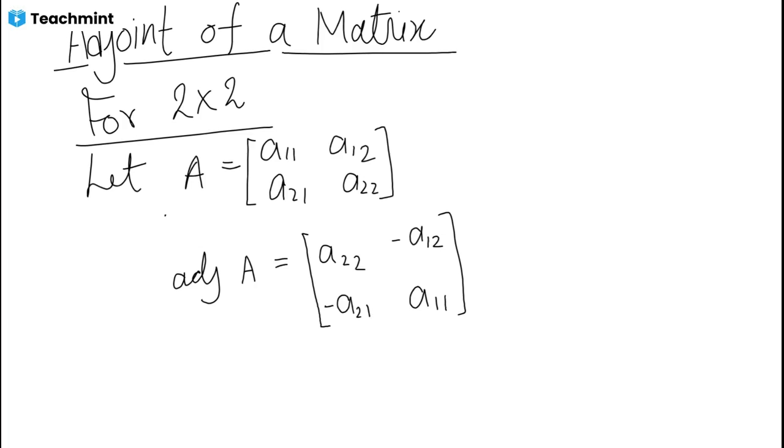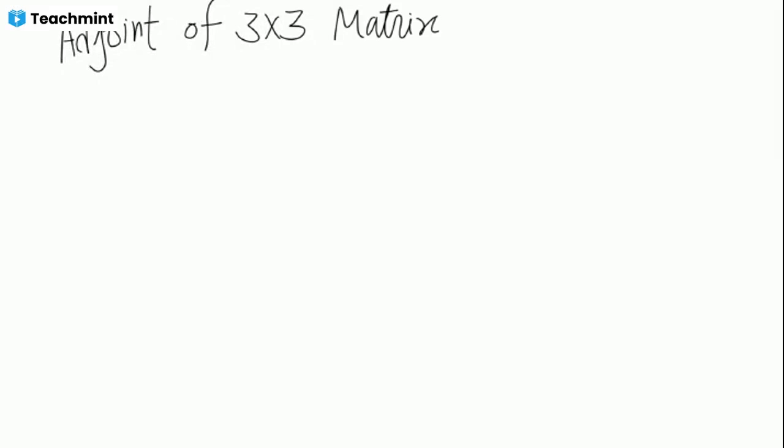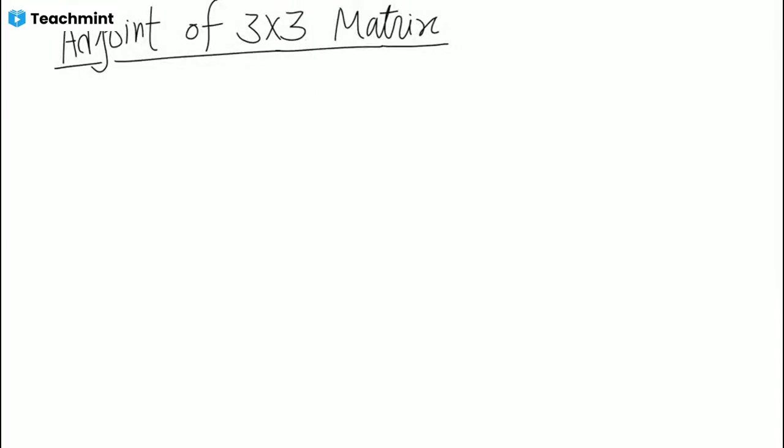Now let us do it for 3 by 3. The adjoint of a 3 by 3 is completely different from 2 by 2.